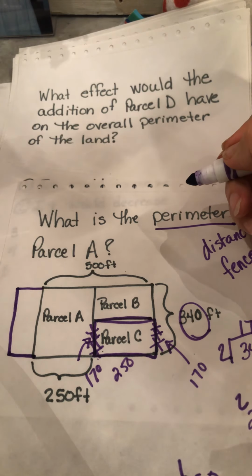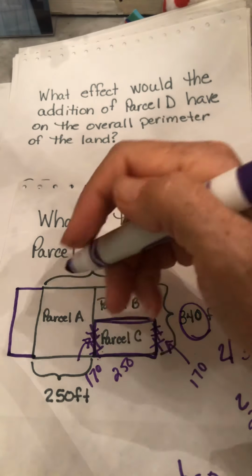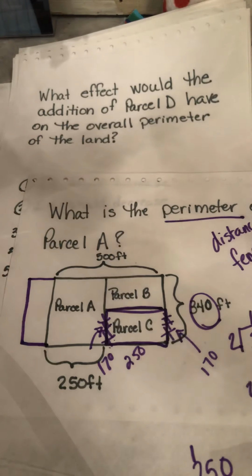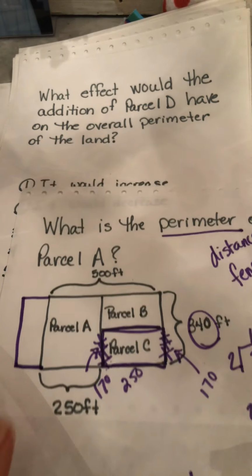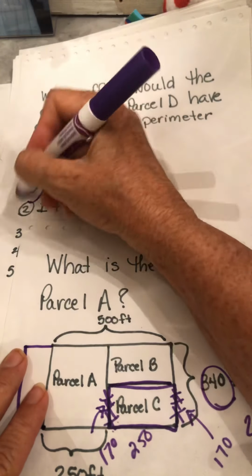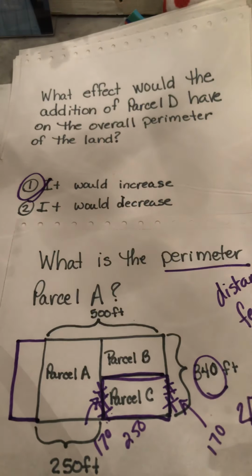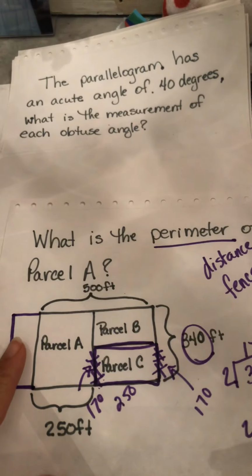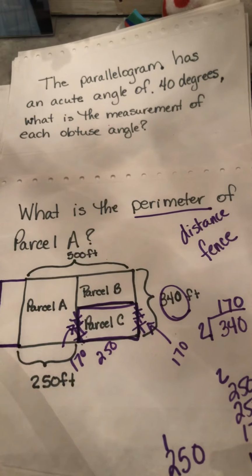I hope you're saying yes, because I've added more. I've gone out further this way. So obviously my perimeter needed to increase. So there was only one answer. It will increase. If I'm adding on, it's going to increase, okay? This was the last one of the questions. Oh wait, maybe that was it.